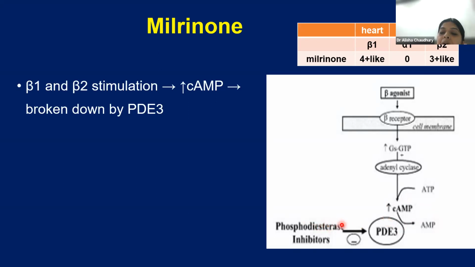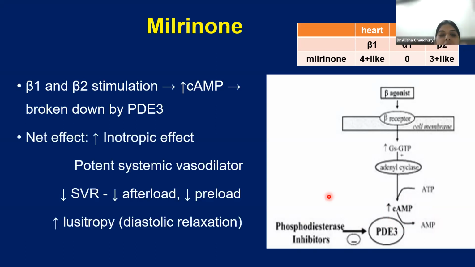Milrinone is going to come and inhibit the action of this phosphodiesterase enzyme. So this cyclic AMP breakdown, which is happening by phosphodiesterase, will be inhibited by milrinone. That is how it exerts its inotropic effect. So the net effect is an increased inotropic effect.